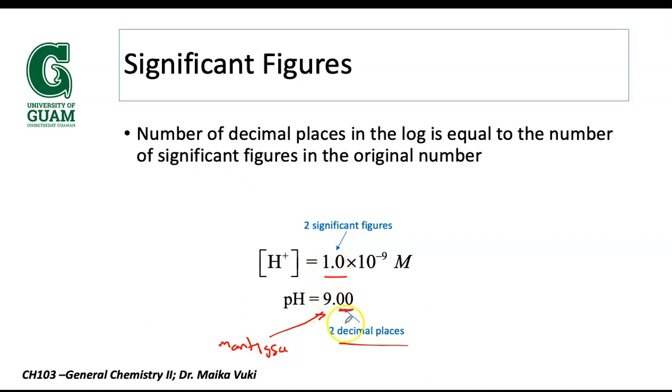Significant figures come from the number of decimal places that you use in the pH.